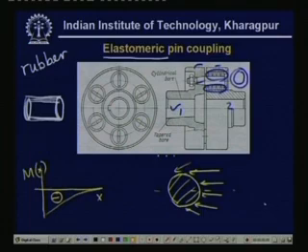So we are not going to discuss this. Now this is again a modification of the flange coupling, where we have used some kind of flexibility into it. Now this is about the elastomeric pin coupling.